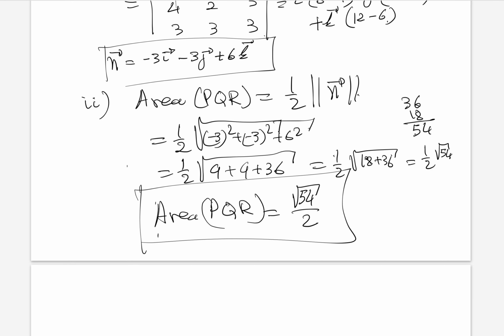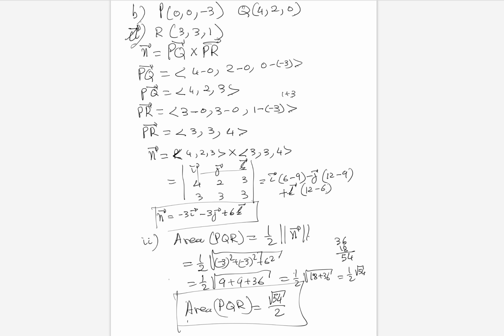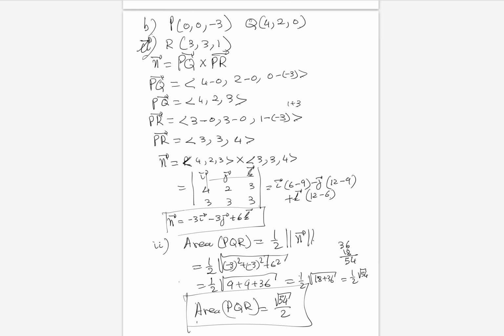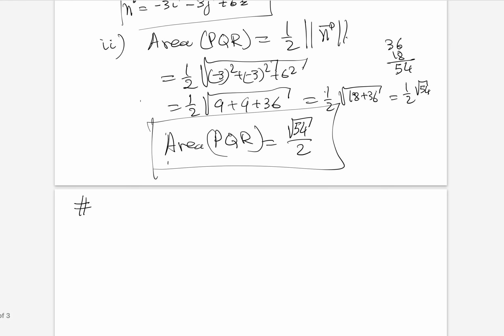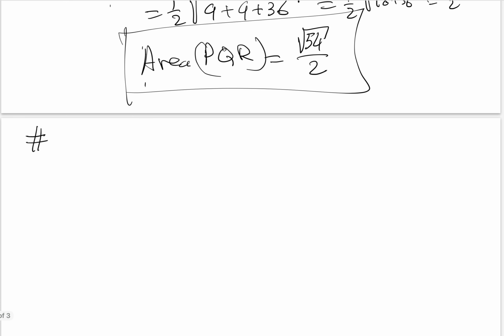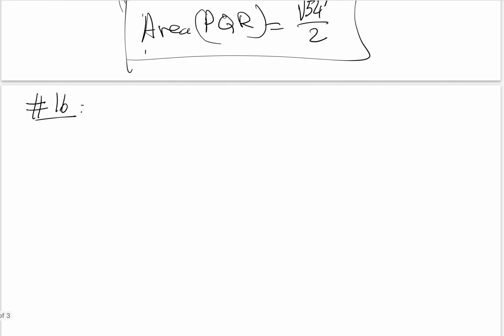So now let's move on to number 16. You can take a look at it and go slow. Okay, now let's do number 16. In number 16, you have to find the volume of the parallelepiped with adjacent edges PQ, PR, and PS.